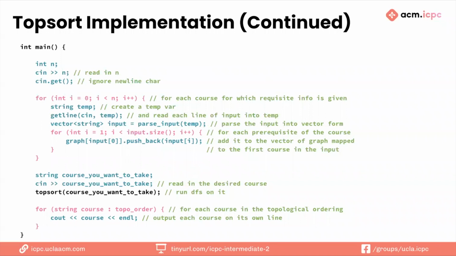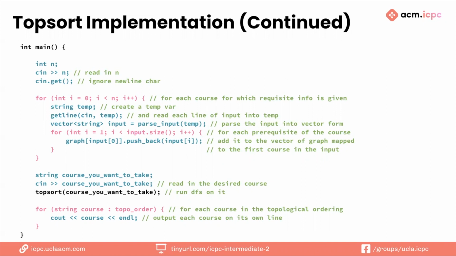The first course in the line is the key course. So this is the key for our map. We access it using the bracket notation, graph of input 0, and then we add to that vector, which is the value for that key, every single course that follows the colon, essentially all the rest of the courses from the vector.